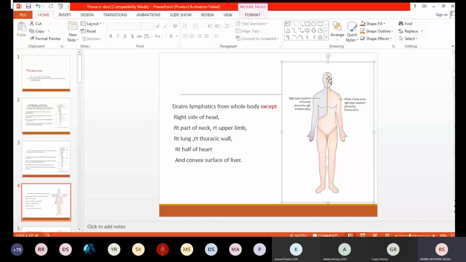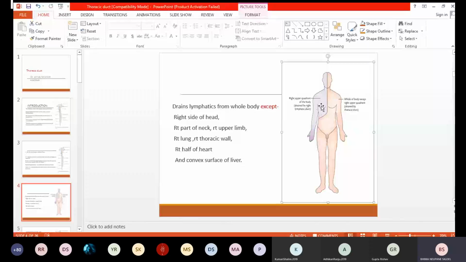The lymphatics from this whole part are drained by the thoracic duct, whereas the remaining part you can see is the right limb, the right anterior chest wall, the right head and neck, and this convex surface of the liver.